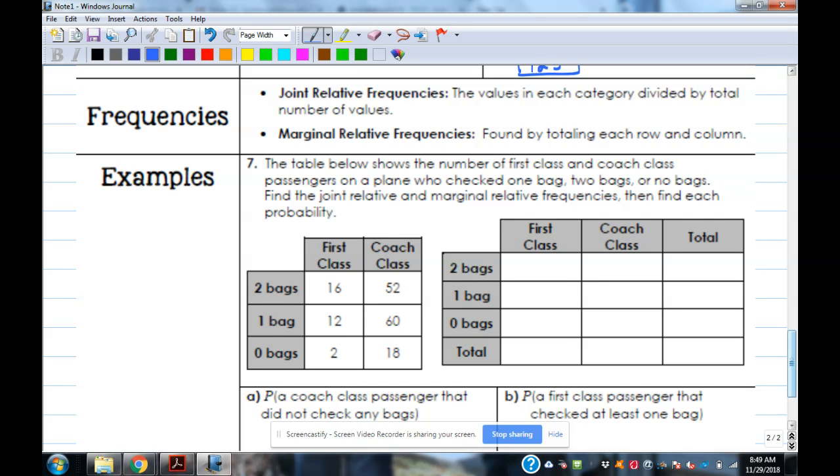So let's total up all of this. 16 plus 52 plus 12 plus 60 plus 2 plus 18. Somebody add those all up for us. It'd be 160. So we know that's 160 total. That's helpful.